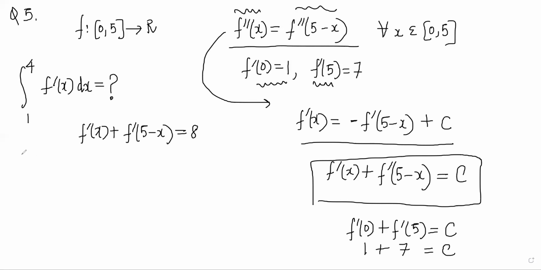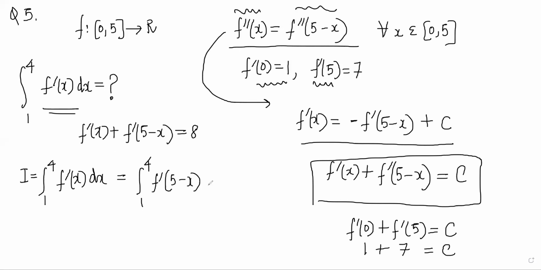Now let's focus on the integral here. We have I is equal to the integral from 1 to 4 of f dash x dx. By applying the a plus b minus x property, this is also equal to the integral from 1 to 4 of f dash of (1 plus 4 minus x), so 5 minus x, dx, right? So 2I would be equal to the integral from 1 to 4 of this plus this.